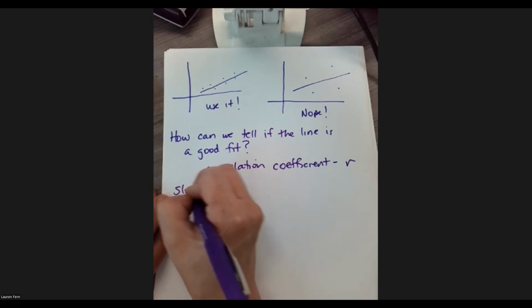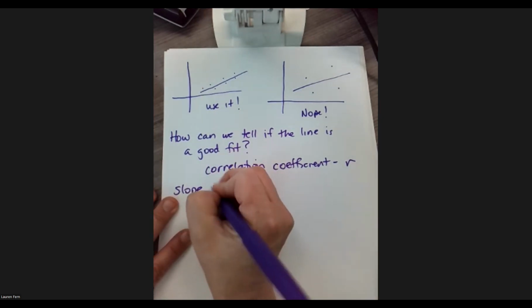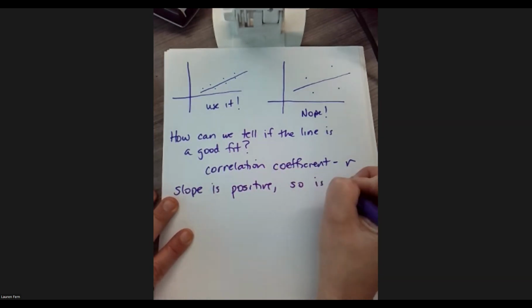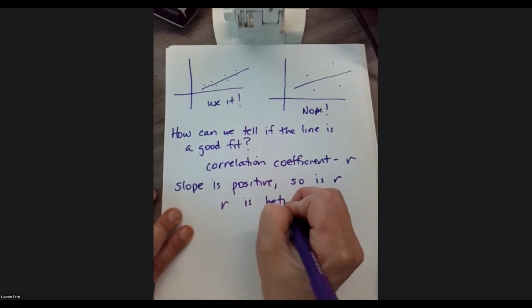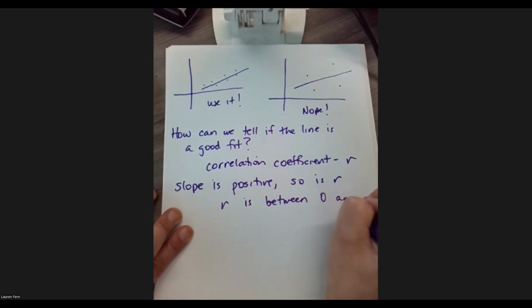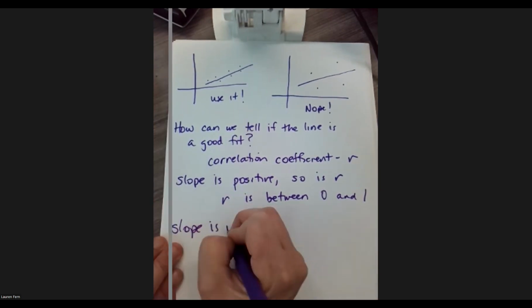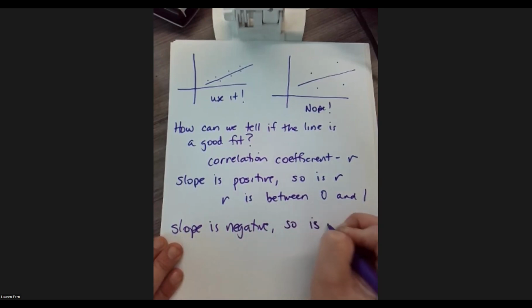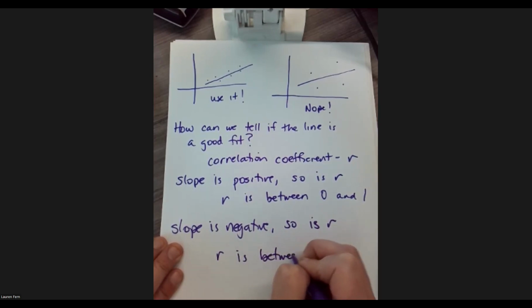And the sign of the R matches the sign of the slope. So if your slope is positive, so is R. And in particular, R is between 0 and 1. On the other hand, if your slope is negative, so is R. And in that case, R is between 0 and -1.